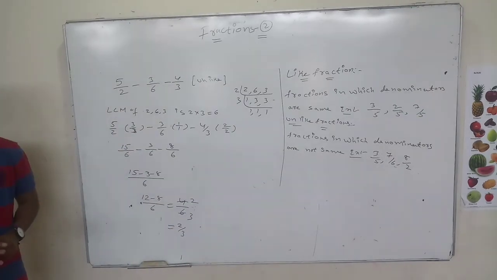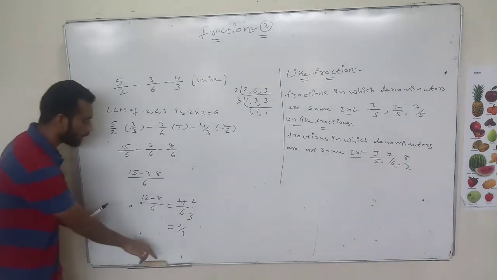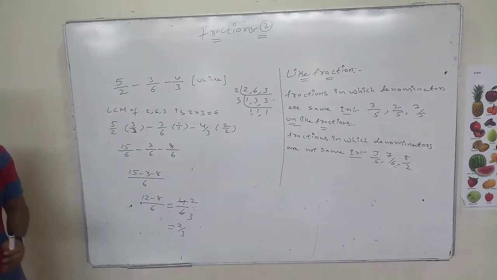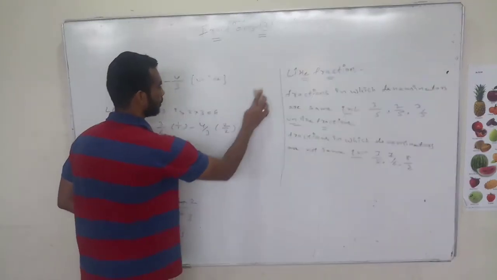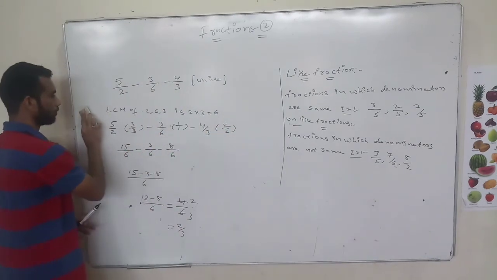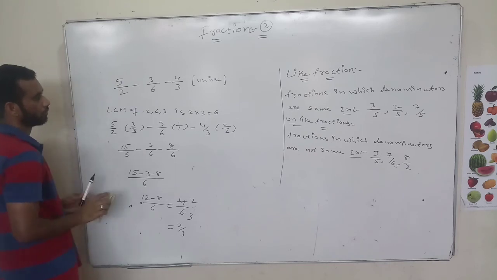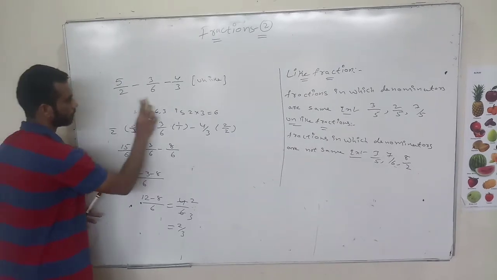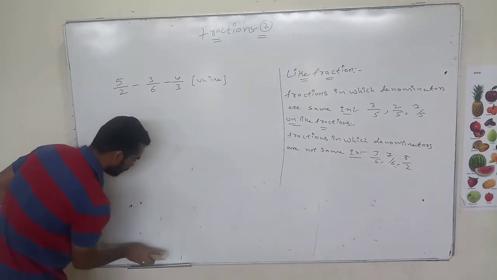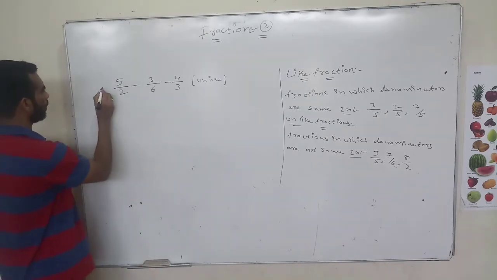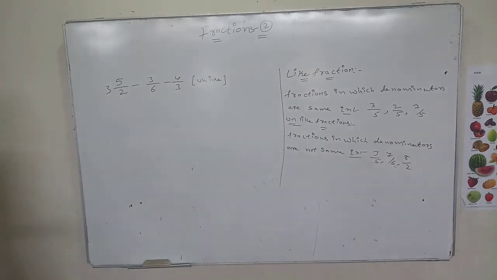Hope everyone understood. Okay. Now we will go with the mixed fractions. How to do the problem by using the mixed fraction. We will make it as mixed fraction. Okay.